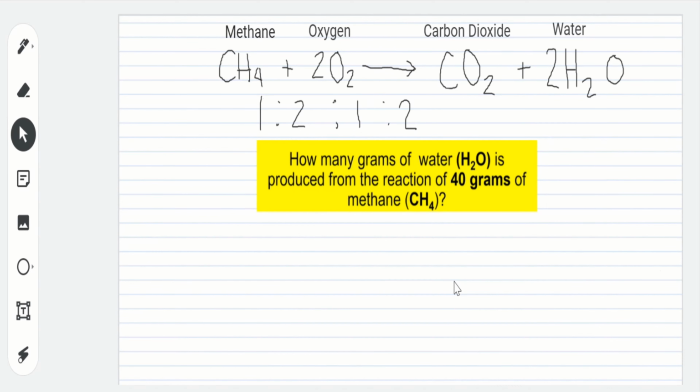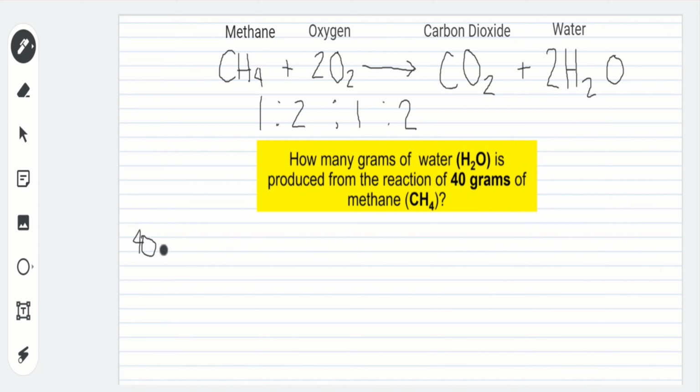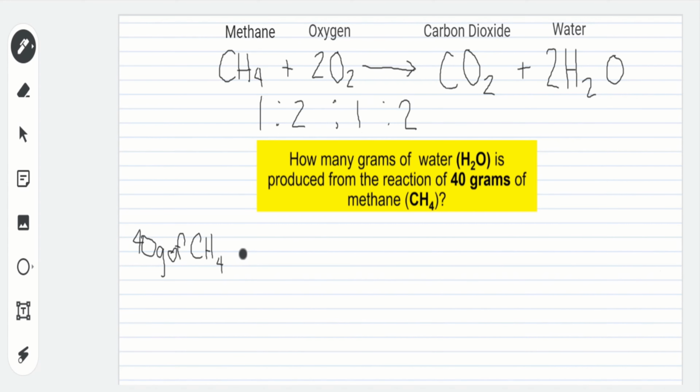So first thing is, of course, we have to write our given, which is 40 grams of methane. So we need to convert this first in moles. Kailangan natin hanapin muna yung molar mass ng methane.